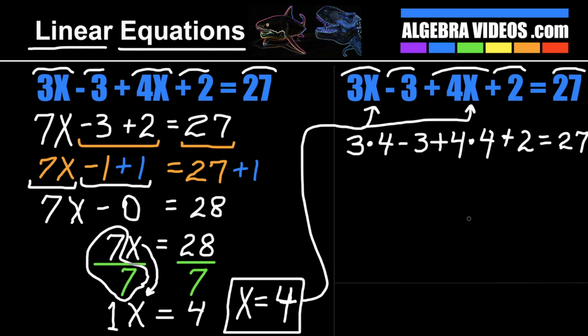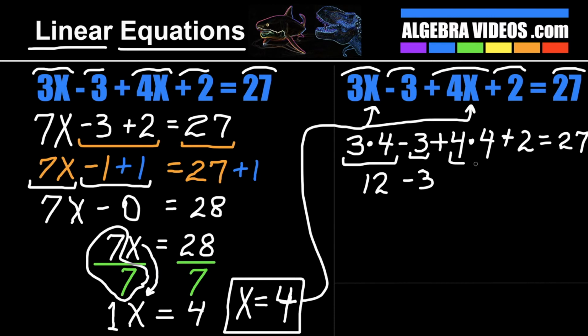And we'll just keep taking this one baby step at a time. And if these two sides are equal, we know that we got the right solution. So let's do this little piece right here. 3 times 4. That's 12. And then the minus 3, that's this right here. I'm just going to rewrite a minus 3. Okay.